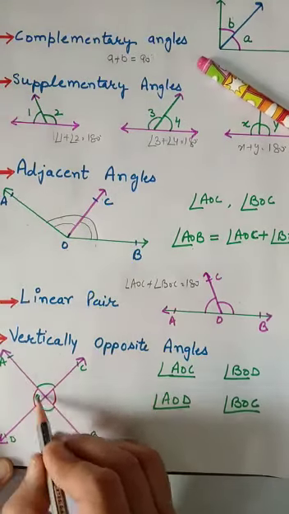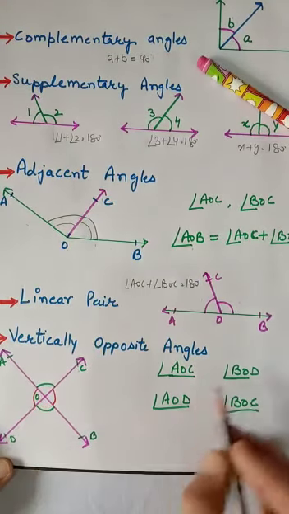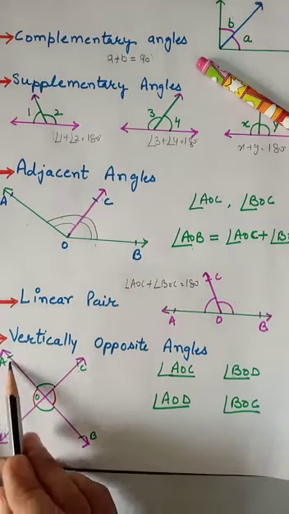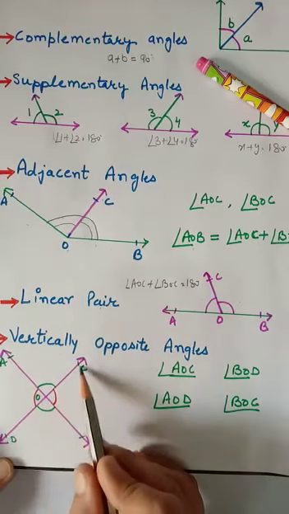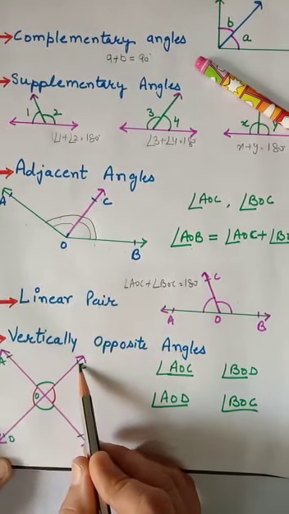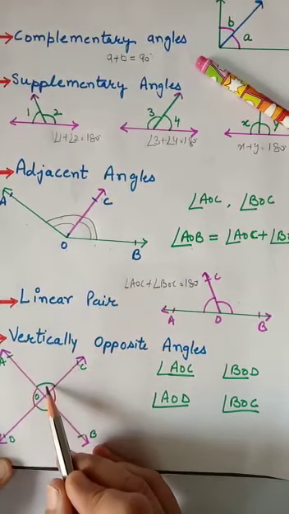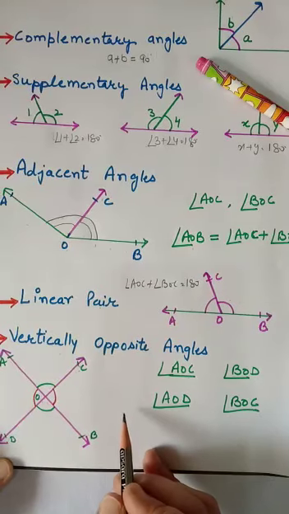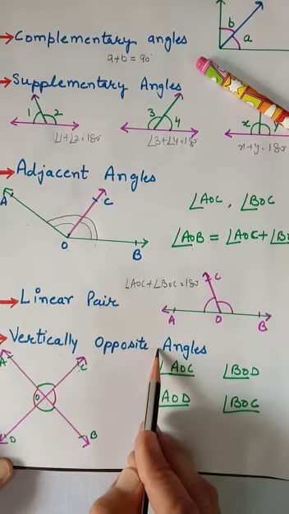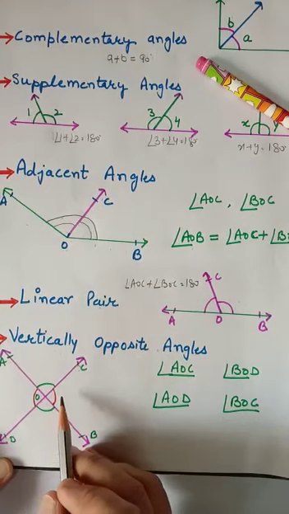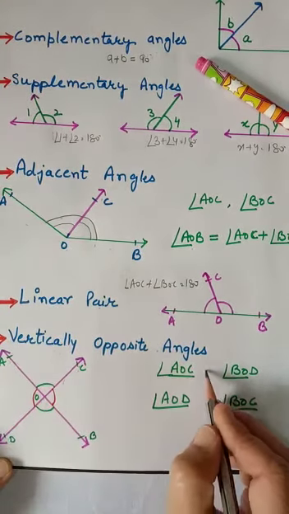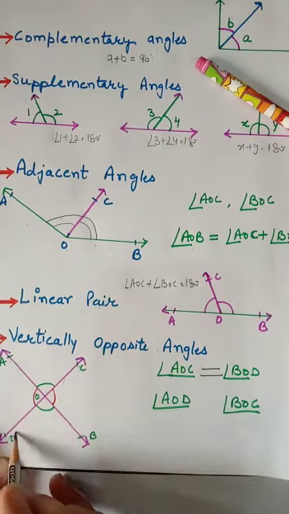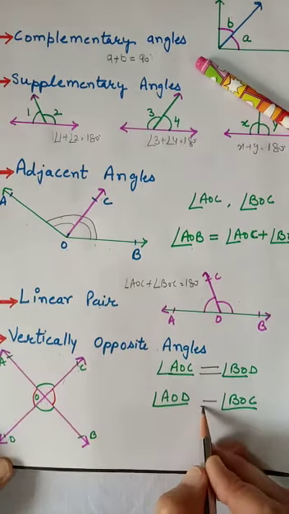Now angle AOC and angle BOD are vertically opposite angles here. Similarly angle AOD and angle BOC are called vertically opposite angles, as I have just represented by different colors also. One more interesting thing is that vertically opposite angles are always equal. So we can say angle AOC is equal to angle BOD and angle AOD is equal to angle BOC.